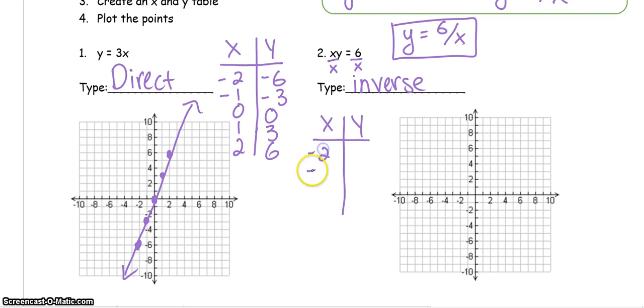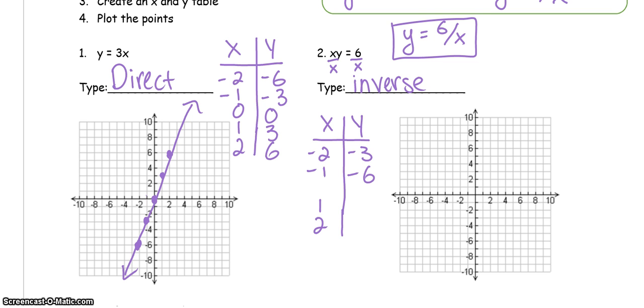So I'm going to do -2, -1, 0, 1, and 2. 6 divided by -2 is -3. 6 divided by -1 is -6. 6 divided by 0, does that work? No, we can't do 6 over 0, so we don't want to choose that as one of our numbers.